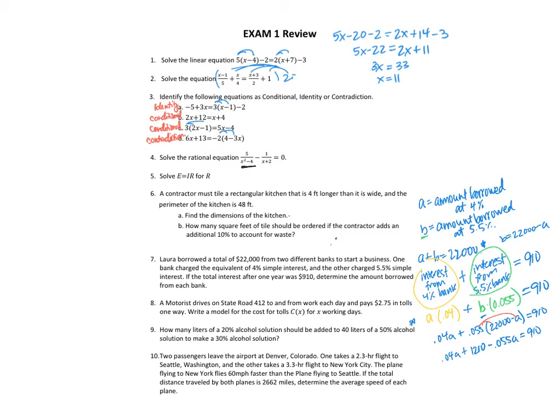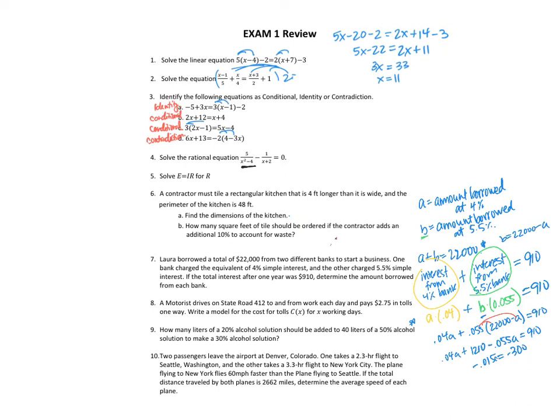And so then I want to combine like terms. Negative 0.055 plus 0.04 is negative 0.015A. And if I subtract the 1,210, 910 minus 1,210, I get negative 300.